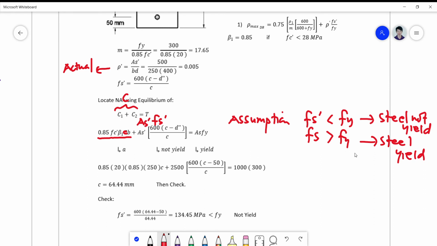So this is now yield and this is not yield. This value here is the one that is referred to as your a.